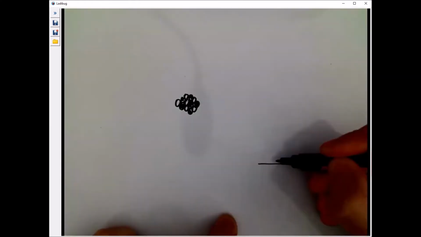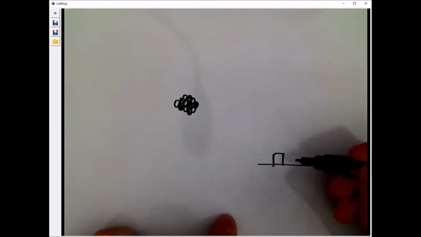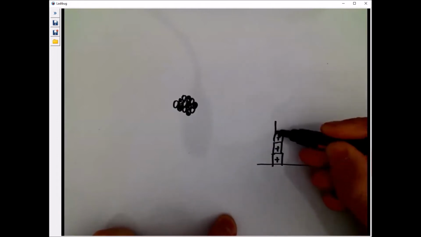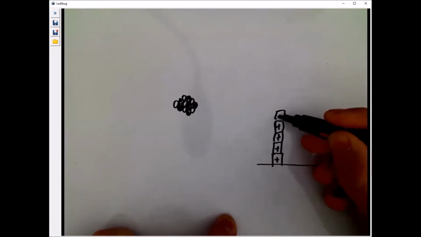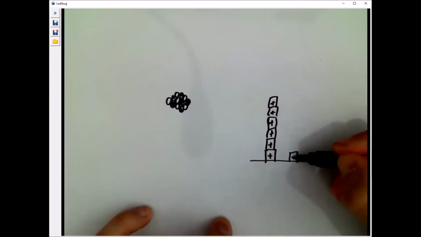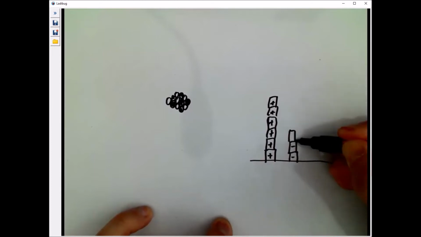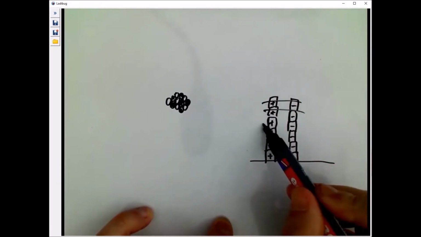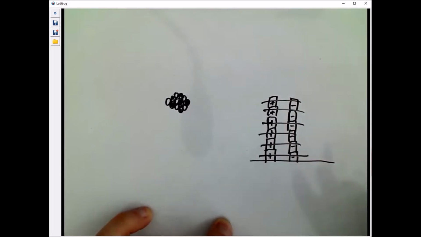So if I have 6 positive charges, 1, 2, 3, 4, 5, 6, those positive charges coming from the protons, then in order to have an overall charge of 0, I need exactly the same amount of electrons in order for them all to cancel out and give me an overall charge of 0.